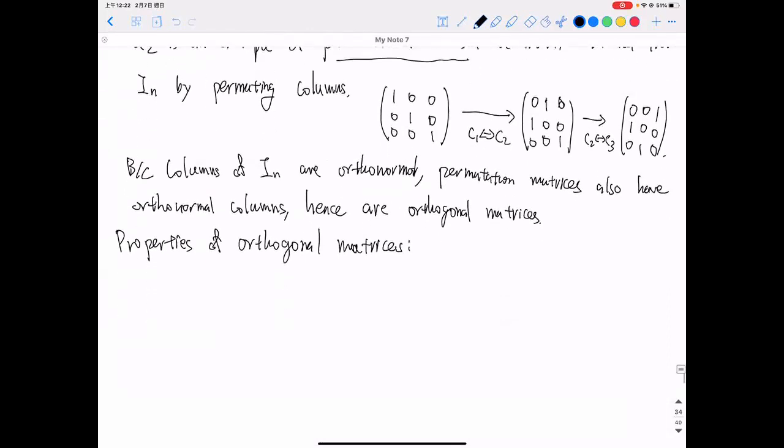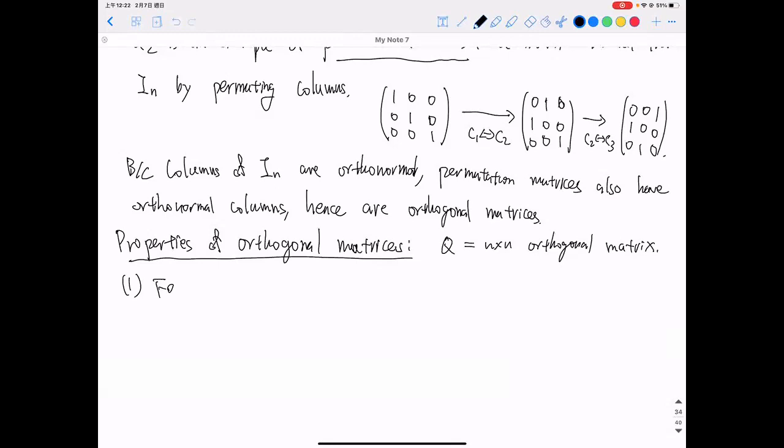Okay, so you have Q, an n by n orthogonal matrix. Then here are some properties.